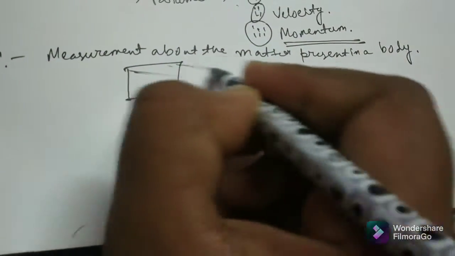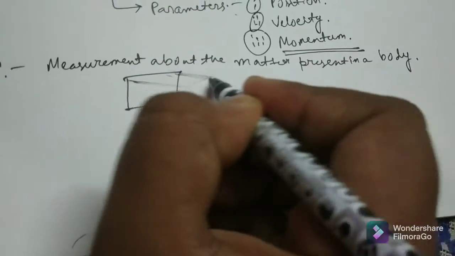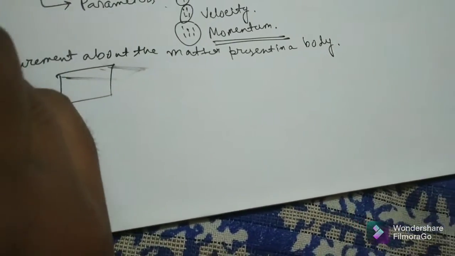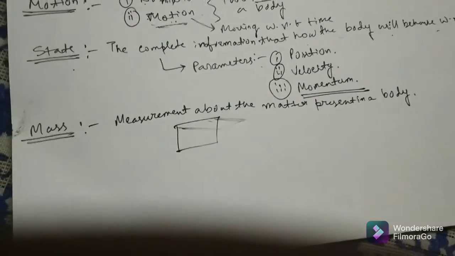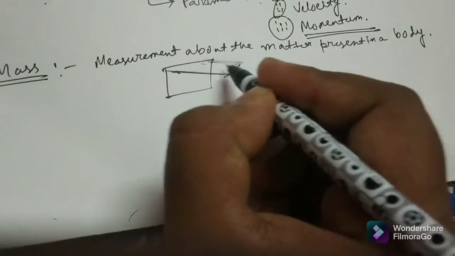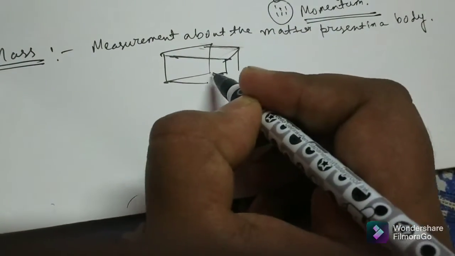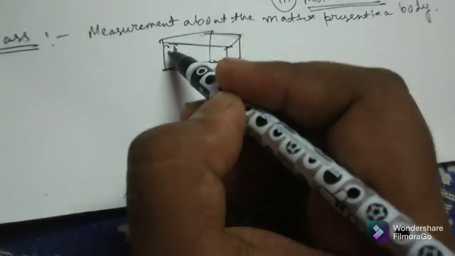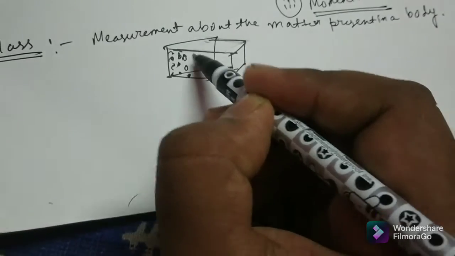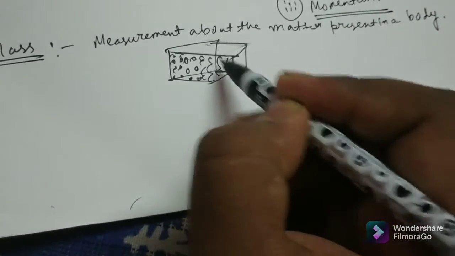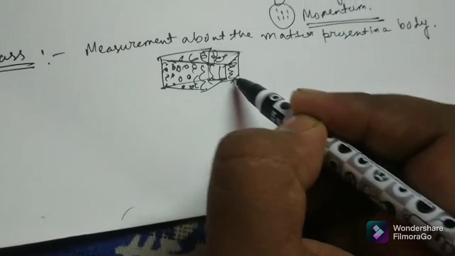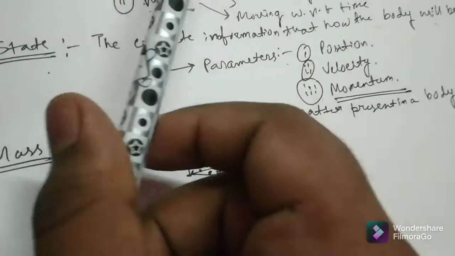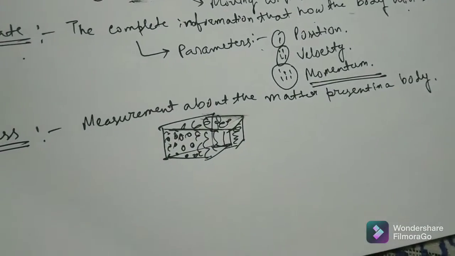I'm drawing a particular object. The amount of matter, or the molecules, which are in this particle throughout its body: the more particles in this body, the more will be the mass of this object.